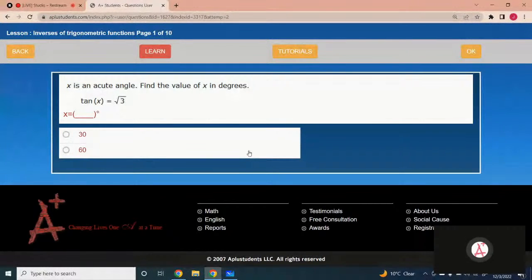Find the angle of x in degrees. We have to find the x angle in degrees. Got it? So tan x equals square root 3.